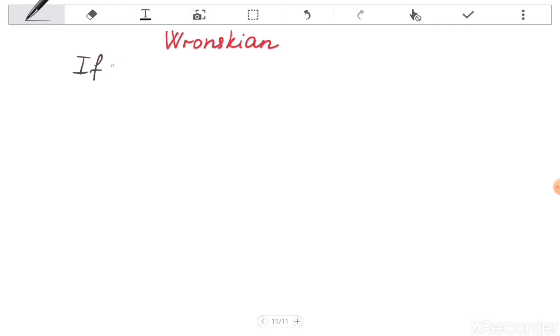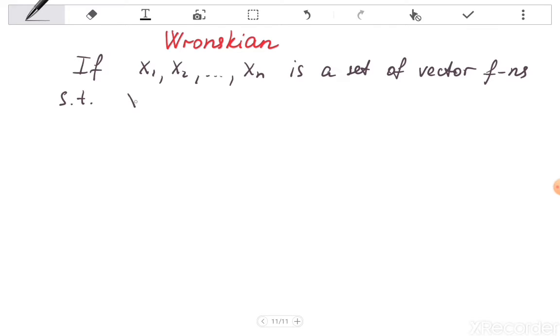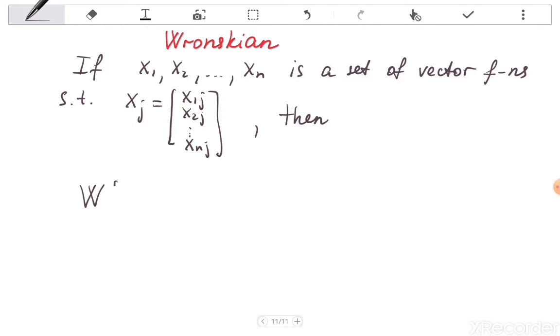So let me give the precise definition of what the Wronskian is. If x1, x2, and so on, xn is a set of vector functions such that the coordinates of xj are x1j, x2j, and so on, xnj, then the Wronskian of x1 and so on, xn, at a point t is the determinant of the matrix which consists of these vector functions.